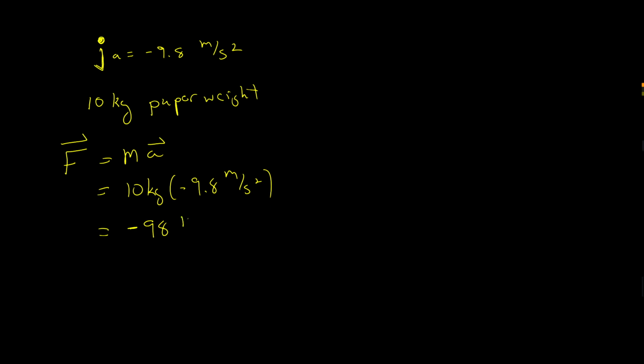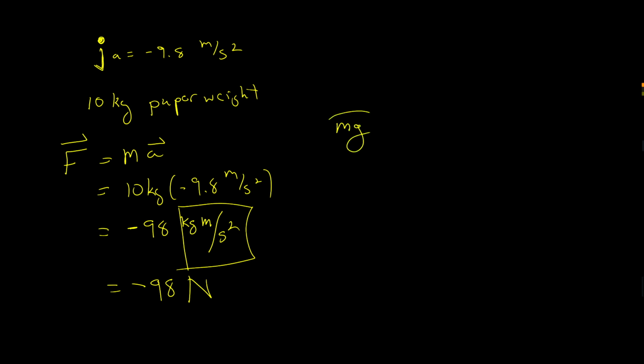Let's look at our units, kilograms meters per second squared. Well, this we're going to call a Newton. Negative 98 newtons. And a Newton is the SI way of talking about weight. When I talk about something's mass times the acceleration due to gravity, that's what we actually call weight.